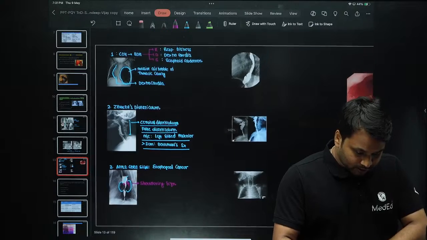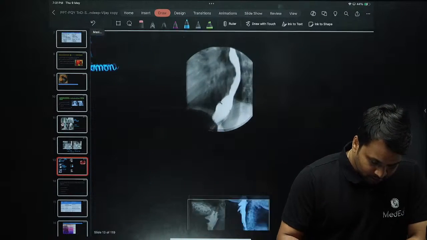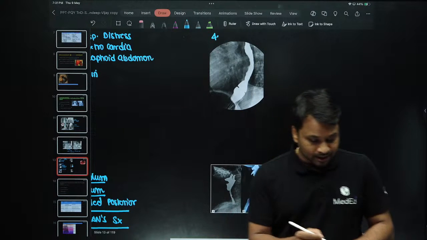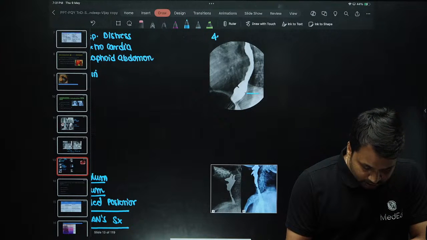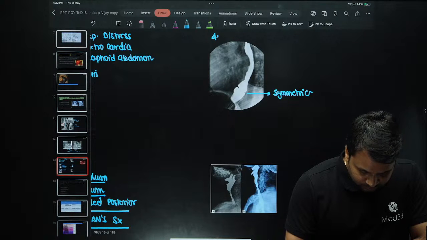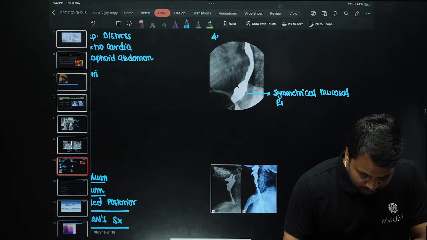Now, when you look at spotter number 4, you can see a uniform mucosal rim has been formed. So we call it the symmetrical mucosal ring in the esophagus.